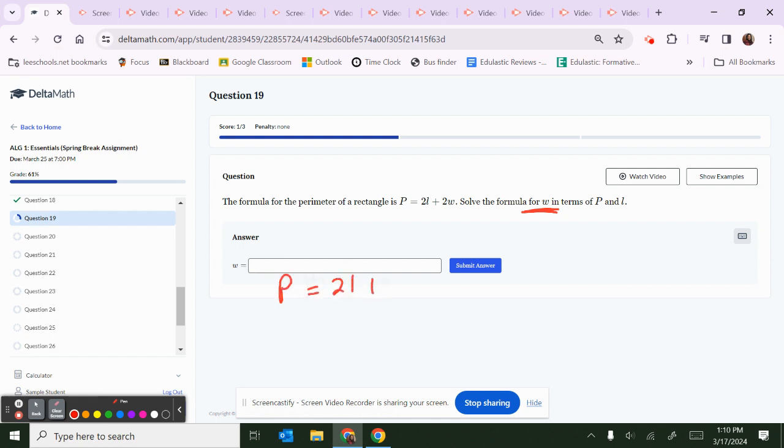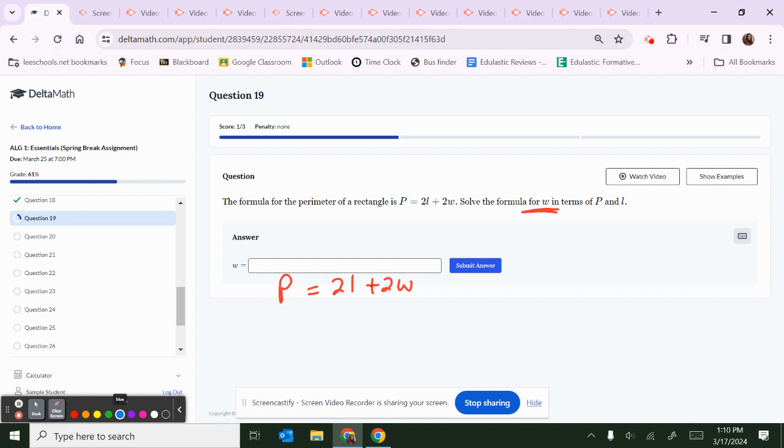First thing you're going to do is locate the W. Where is the W? On the left or on the right? On the right. But the W has a 2 attached to it, and then it has a 2L in front of it. The first thing I need to do is move the 2L to the other side, just so that I can get the 2W all by itself.